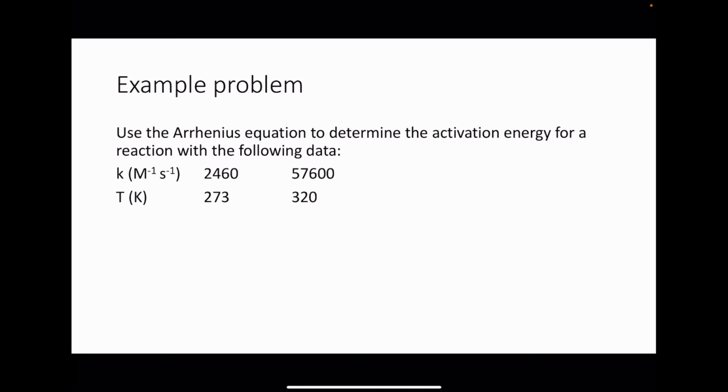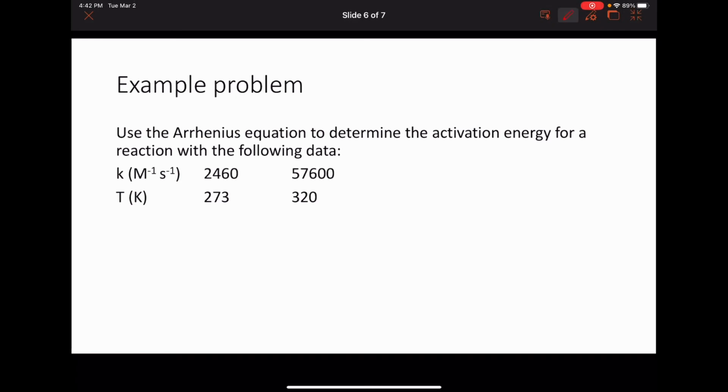So we started with this idea: the natural log of k2 over k1 equals minus EA over R times 1 over T2 minus 1 over T1. We're going to solve for EA.